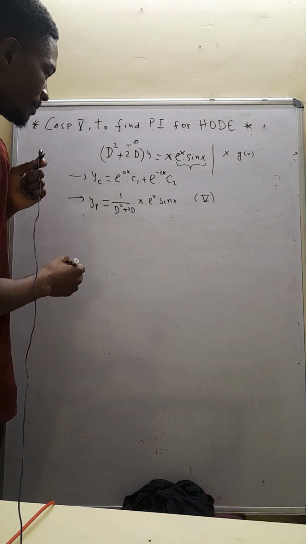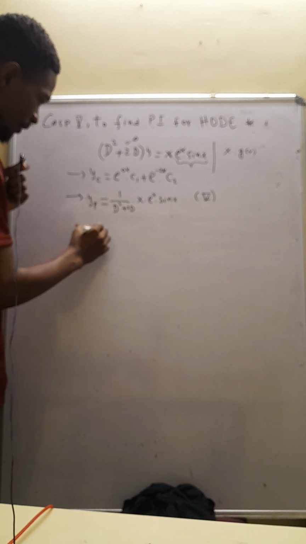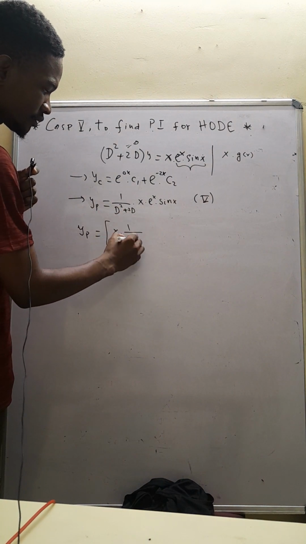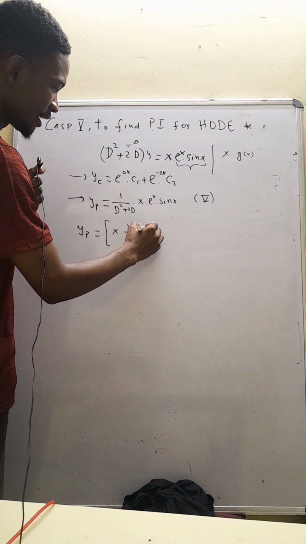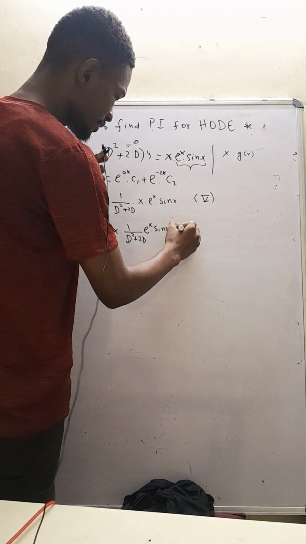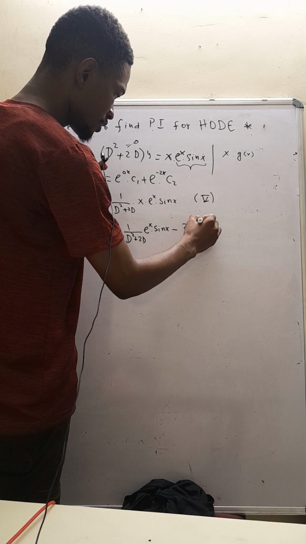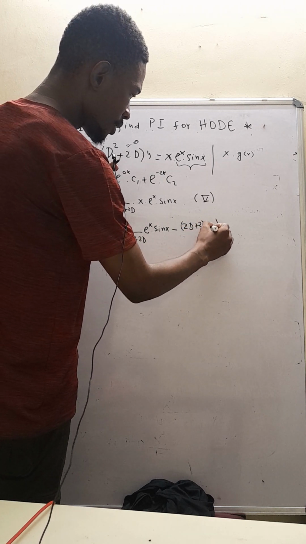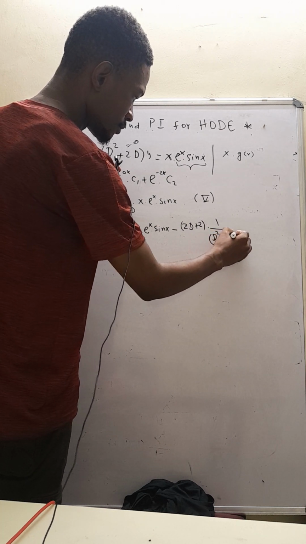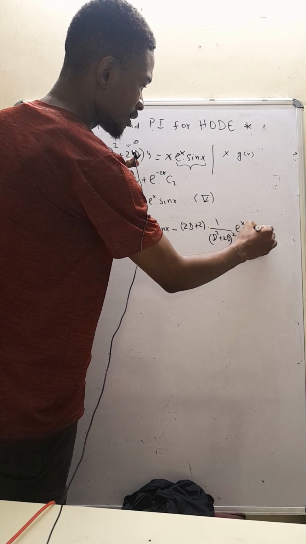First, your yp will be equal to x times 1 upon function of d square plus 2d, then Euler x, and here sine of x, minus this function derived, it will be 2d plus 2, then 1 upon the same function square, d square plus 2d square, then g of x, that is Euler raised to x, and here sine of x.